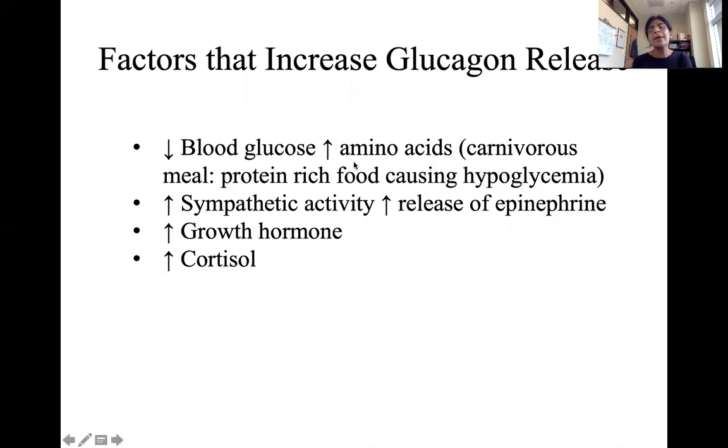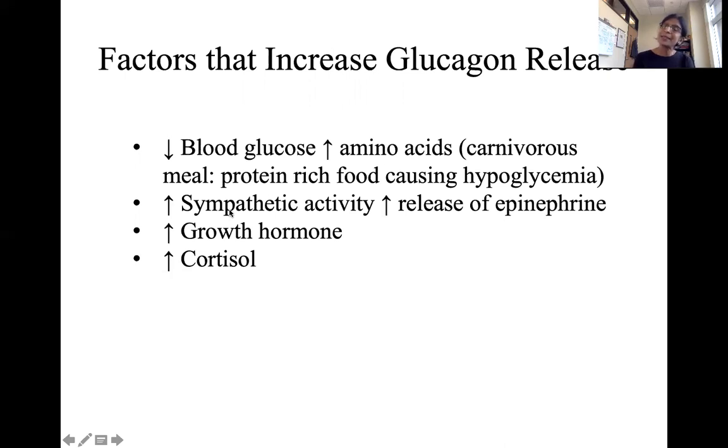Why? If you have a diet that's mainly protein but no carbohydrates, then because of the low carbohydrate situation, you would probably start releasing glucagon, even though amino acid levels are high. Okay, so a carnivorous meal, protein-rich food, can cause hypoglycemia, and that's what causes the release of glucagon.